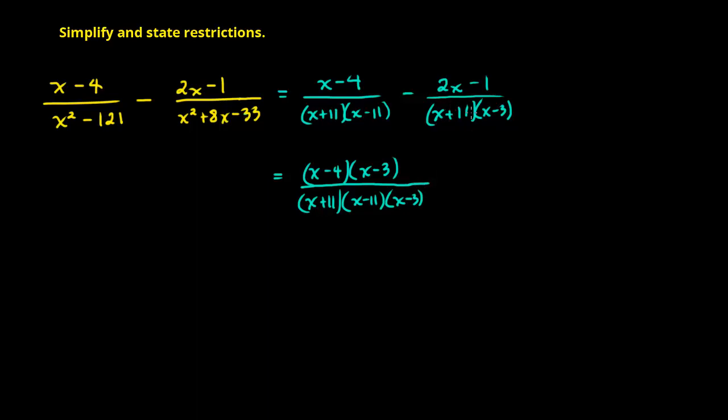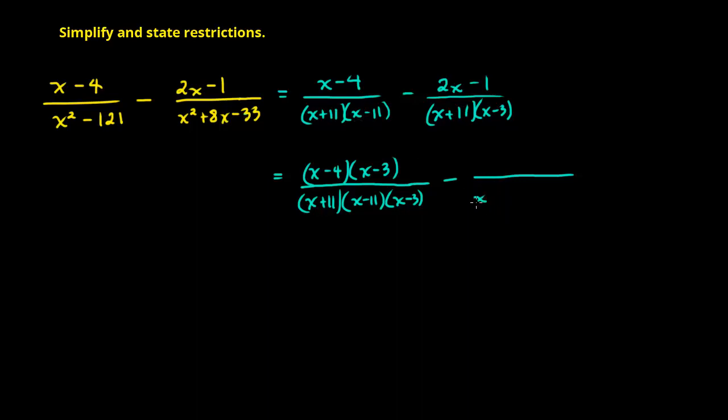In this same step, we can look at this other denominator, and we can see that there's no factor of x - 11. So in order to have a lowest common denominator, I have to multiply both the numerator and denominator by x - 11.